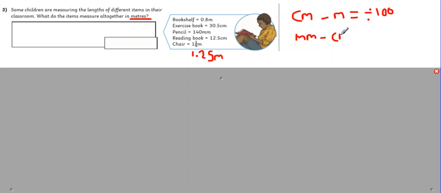So to convert to centimetres, you divide by 10. And then to convert to metres, you would then divide that by 100. And you get your metres. Okay, pause the video now and have a go at that one.